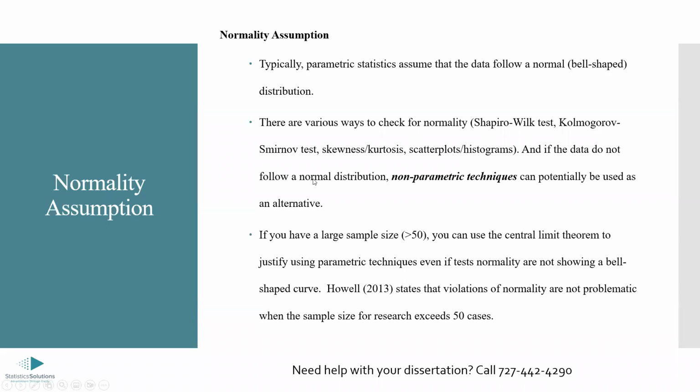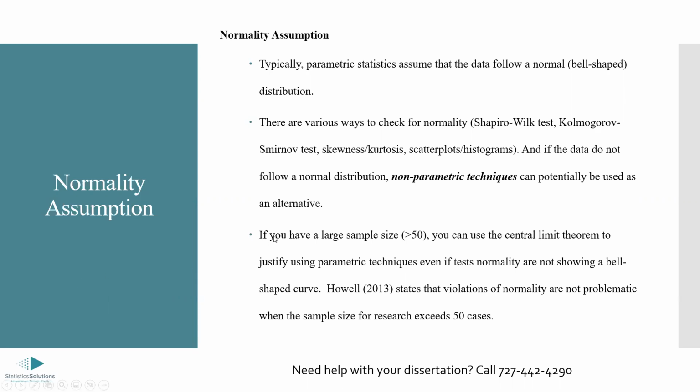If the data do not follow a normal distribution, then the most common approach is to go to a non-parametric technique. Most parametric analyses have a non-parametric alternative, and non-parametric statistics are not so reliant or contingent on a bell-shaped curve. We'll discuss those.